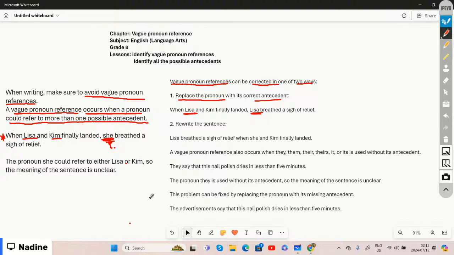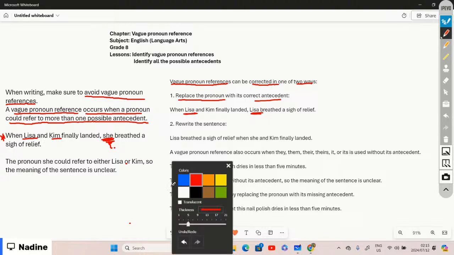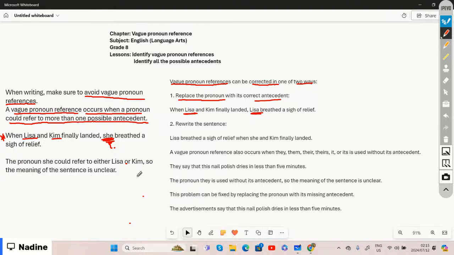But if it's making mention of two girls, then we need to either replace that pronoun with the correct antecedent to avoid a vague pronoun reference, to avoid it being unclear or to avoid the indefinite of that sentence.